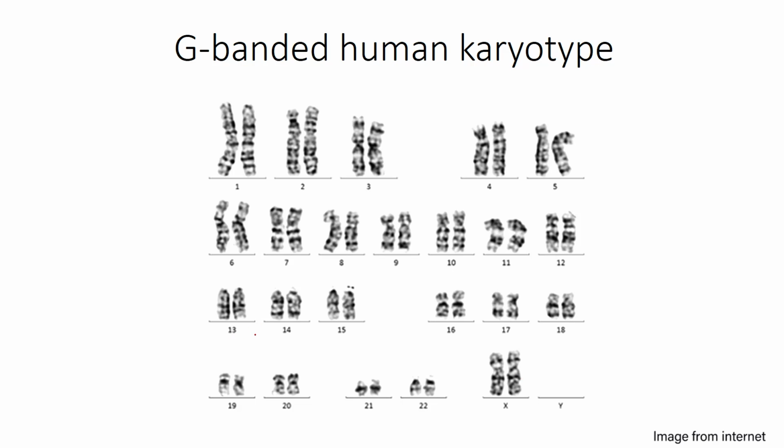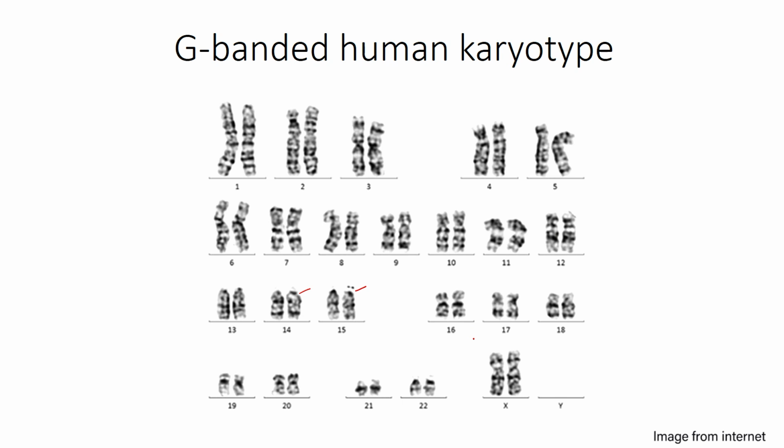Then group D has chromosomes 13 to 15. These are acrocentric chromosomes with satellites. You can see the satellite very clearly here.